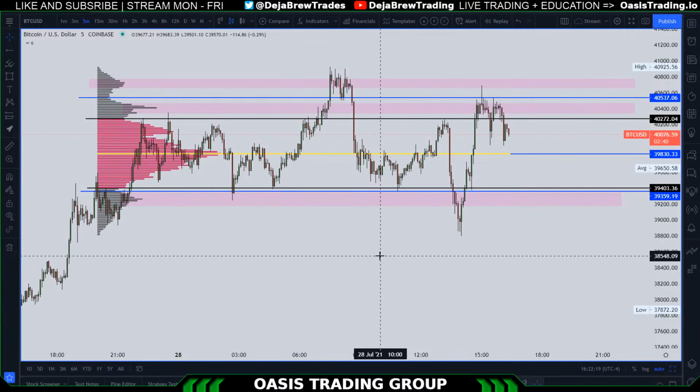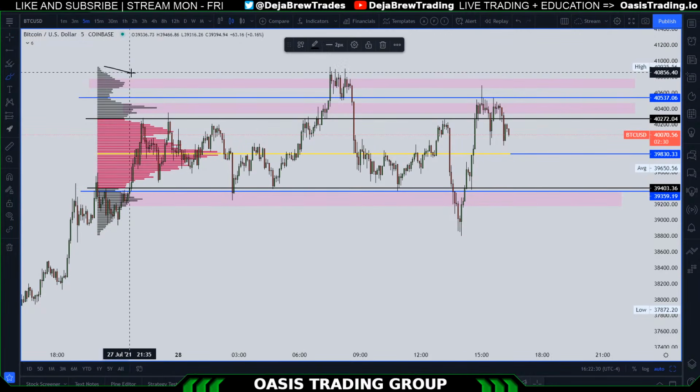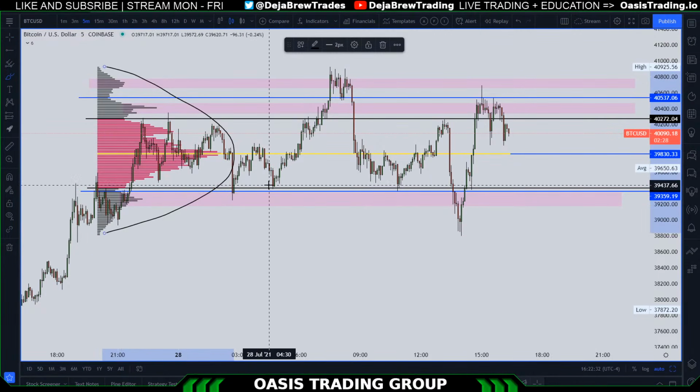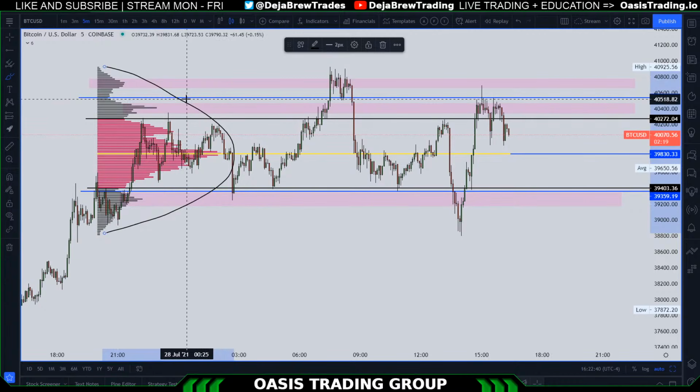So if we were looking at today, and we were asking ourselves, how are we going to trade this? What would we say? Today is almost perfectly balanced. So what is our goal? Our goal is to buy the lows or sell the highs.